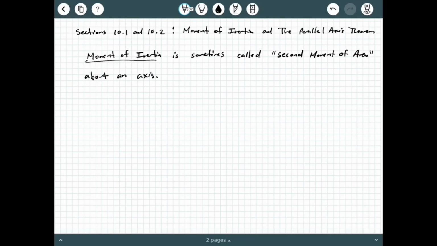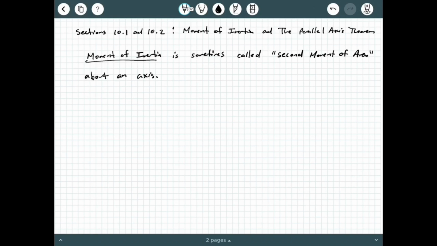Now, a moment of inertia for our purposes is going to be a cross-section property of a shape, or a geometric property of a particular two-dimensional shape. There's also something called a mass moment of inertia, which you would learn more about maybe in a dynamics course. But for our purposes in a statics course, we're learning about moment of inertia as it pertains to an area, a geometric property involving area.